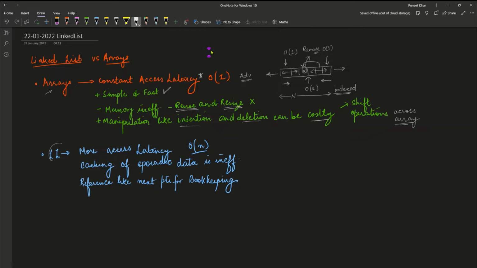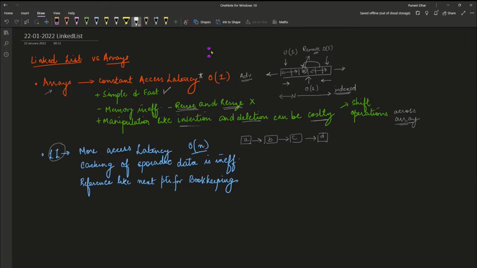Now let's look at linked list in a little bit more detail. If we observe, we have a linked list like this. Now we could be having data A, B, C, and D stored in this.